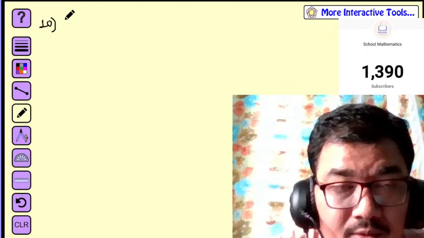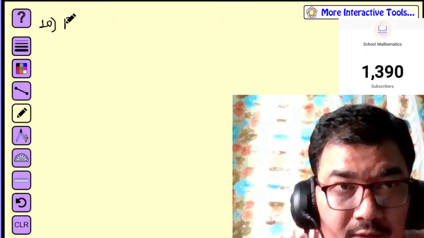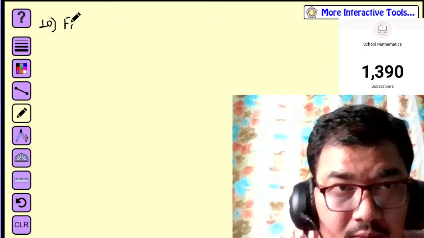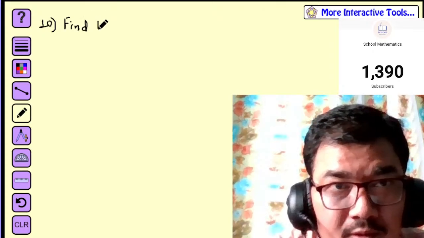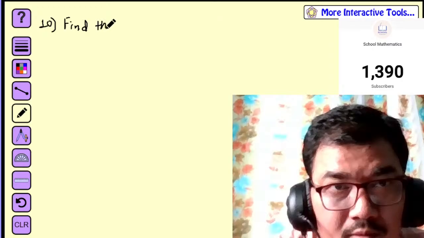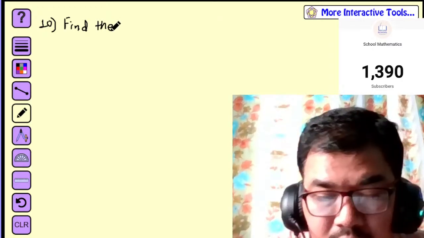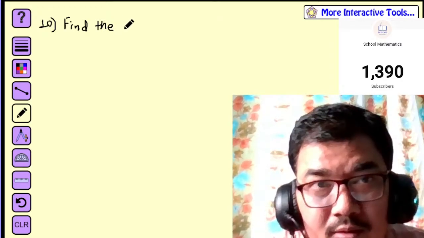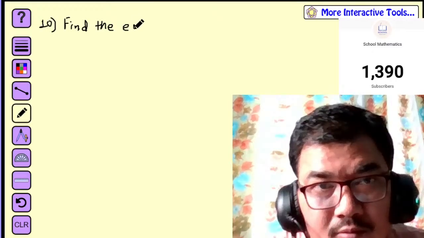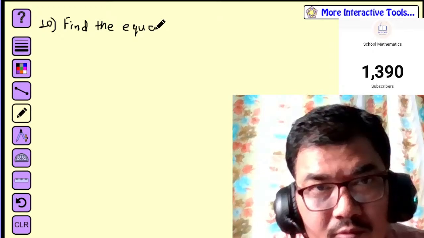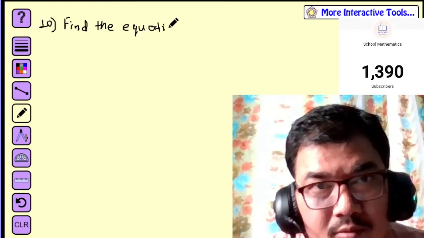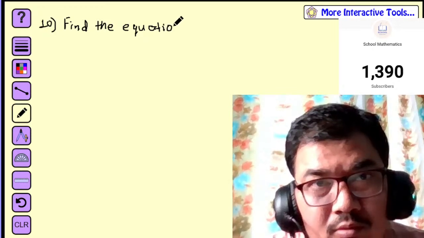Look here. Find the equation of a locus. Find the equation of locus.